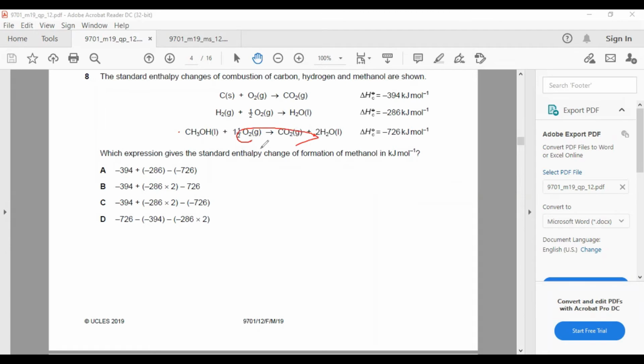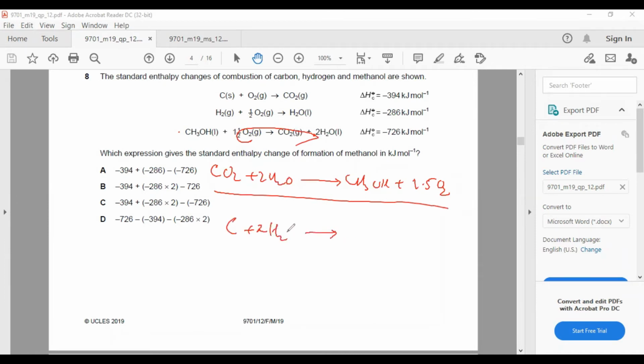Flip this equation and add it with this one: carbon dioxide plus 2H2O gives methanol plus 1.5 oxygen. When you add all 3, you will get the same equation for the formation of methanol.